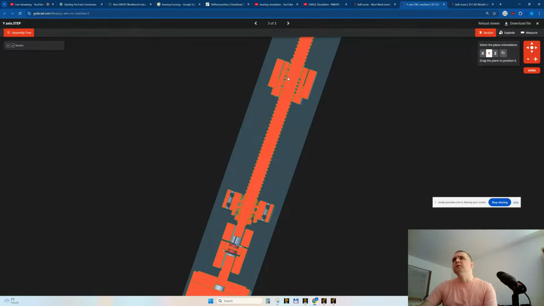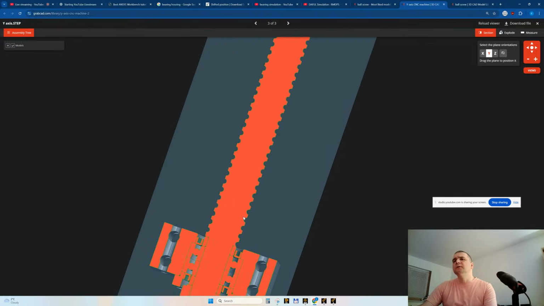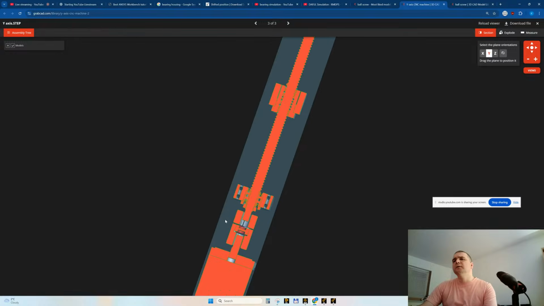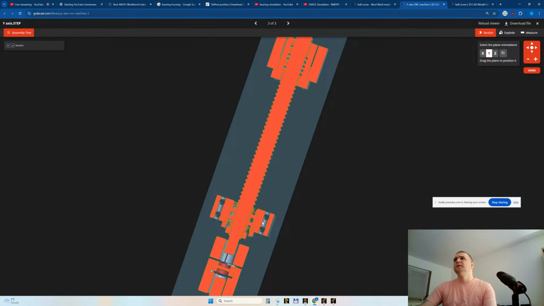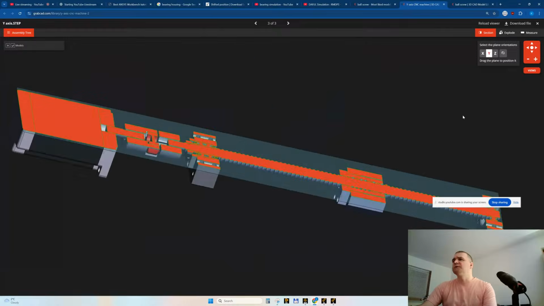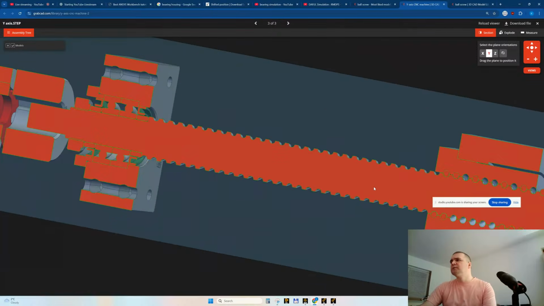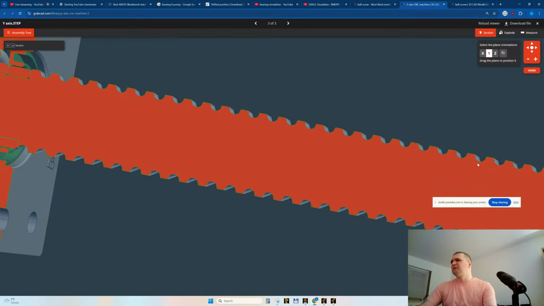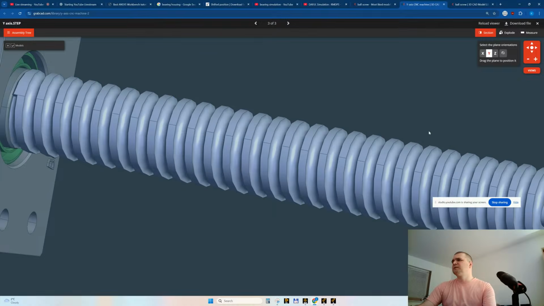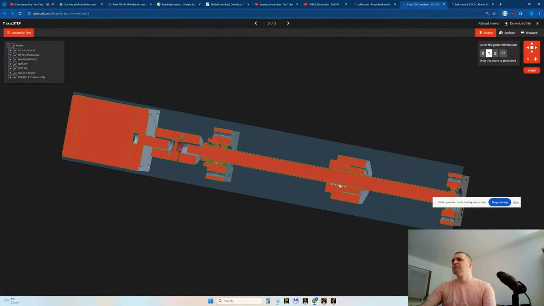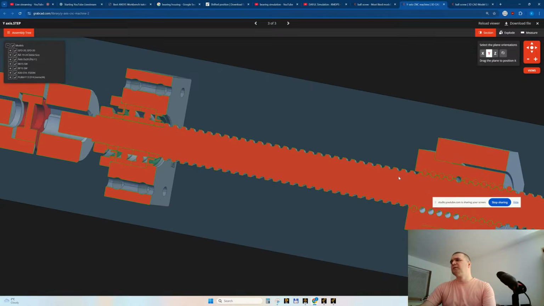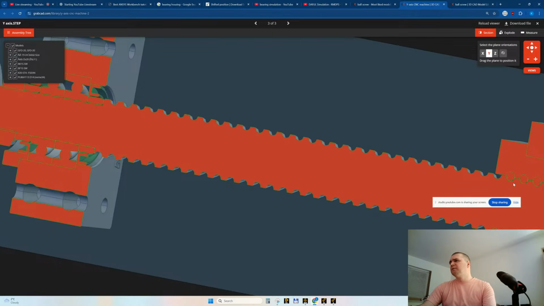We have some balls here. We don't care about this bearing which is fused, but we have some balls here. The balls are, as I said in the past, two big balls, let's say.